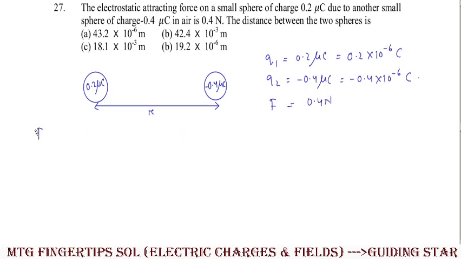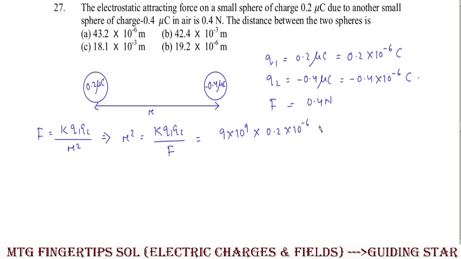So we know that F is equal to K Q1 Q2 divided by r square. That implies r square will be equal to K Q1 Q2 divided by F. So finally, if you put all the values, K is 9 into 10 to the power 9 into Q1 is 0.2 into 10 to the power minus 6, into magnitude wise, if we take the value as it is, since it is already said that it is an attractive force.